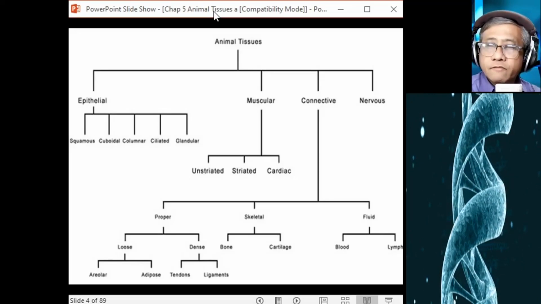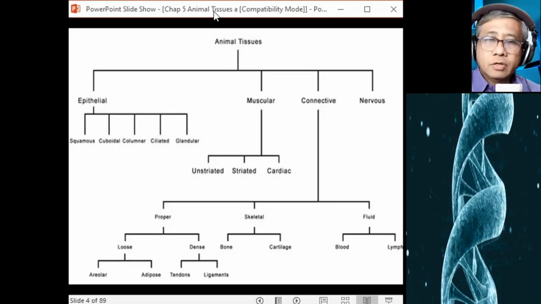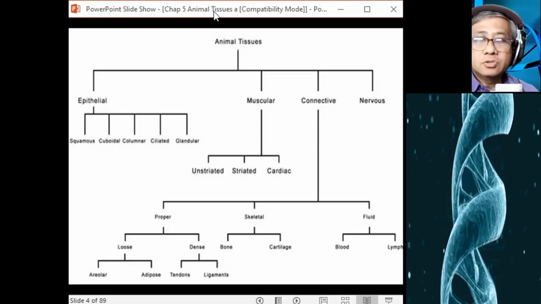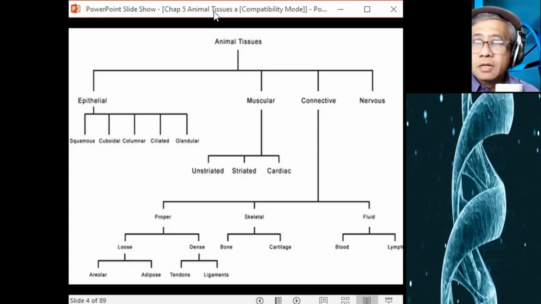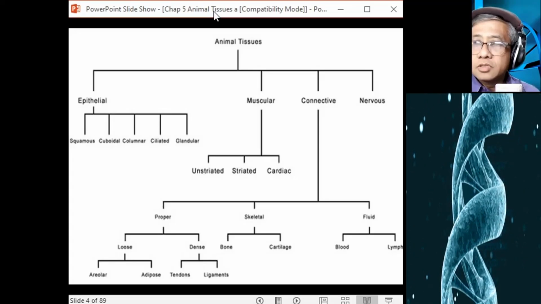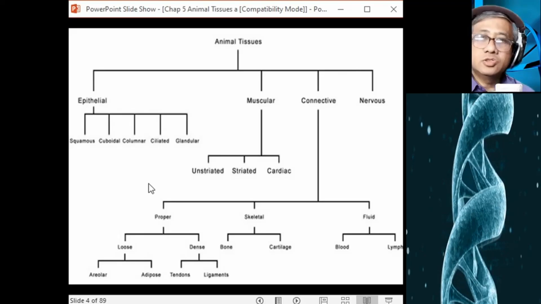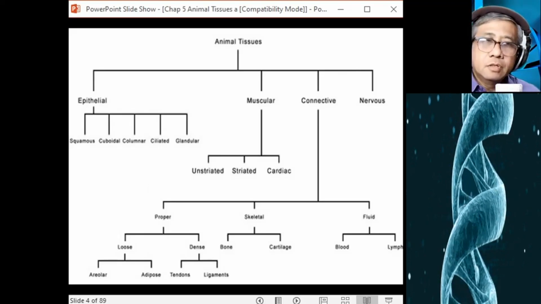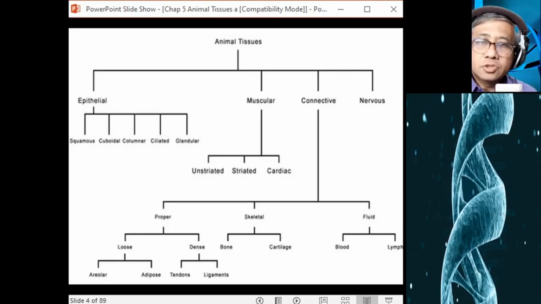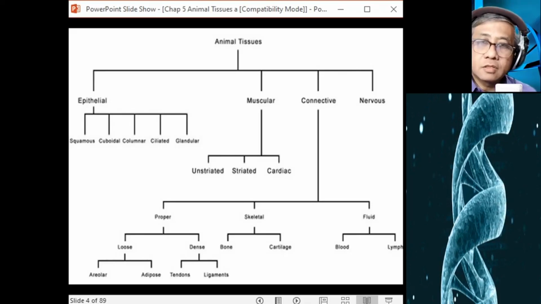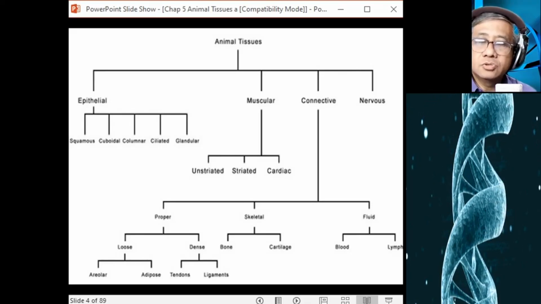Now, under connective, we have the following. There are three types of connective tissues. We have proper connective tissue or connective tissue proper, skeletal connective tissue, and fluid connective tissue. Under proper connective tissue, we have loose connective and dense connective tissue.